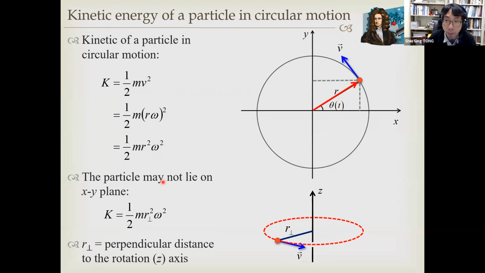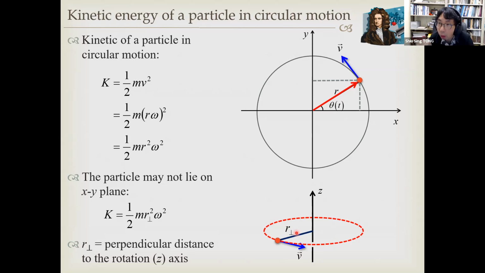Now we make a little bit of change of notation because we want to generalize the idea to a system of particles. Now we are talking about a single particle in circular motion, but we want to describe a system of particles undergoing many circular motions around a given axis. So let us change our notation a little bit. Instead of calling this r, we call the distance between the particle and the axis, that is the perpendicular distance between the particle and the axis of rotation, r_perp.